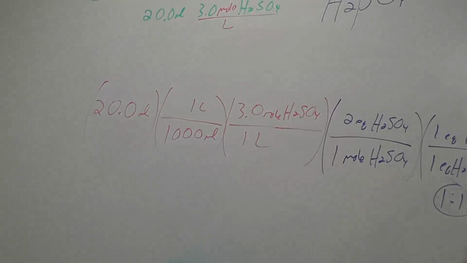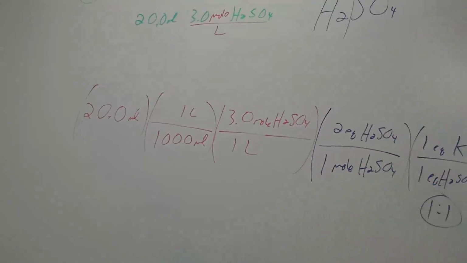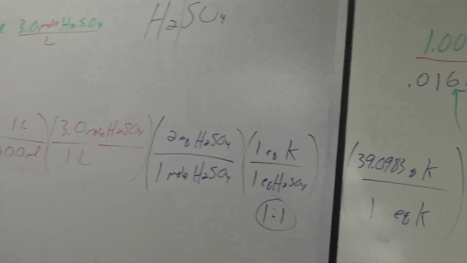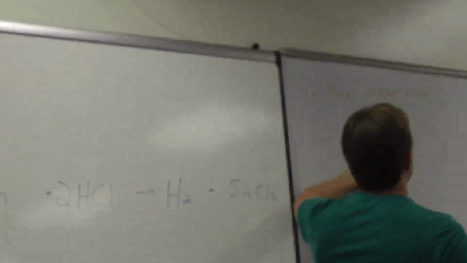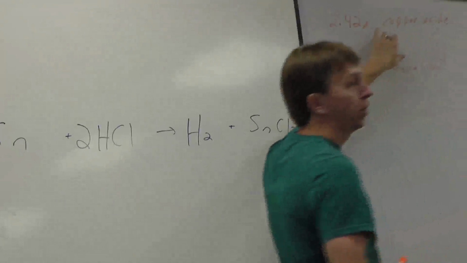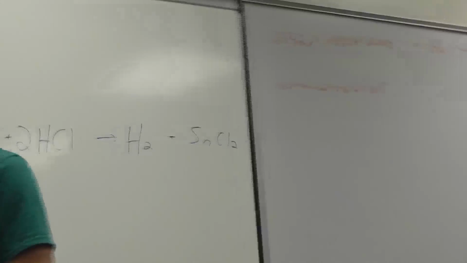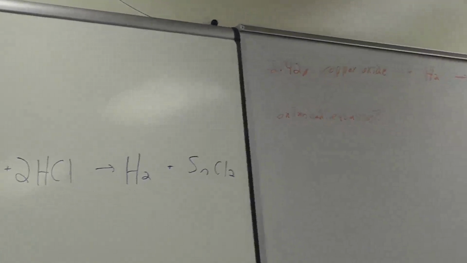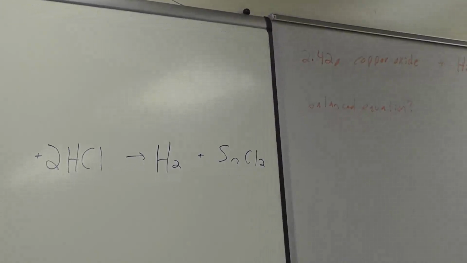We're told that the copper oxide is reacting with hydrogen gas, that's H2, to form copper metal and water. And they want us to write the balanced equation. We could write the balanced equation right now if we knew which copper oxide we were talking about, right? There's different versions of copper oxide because there's different charges that copper can be.